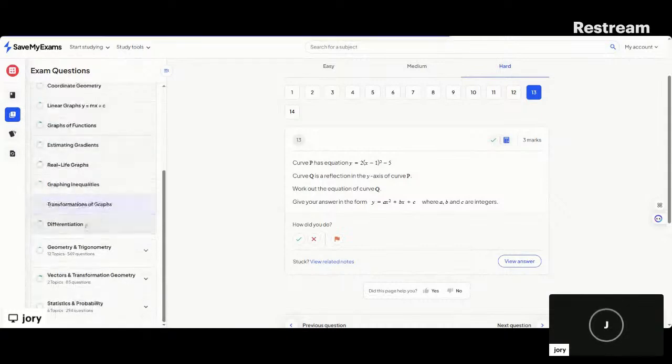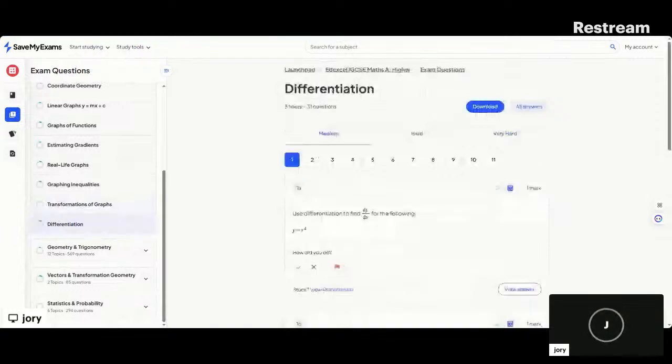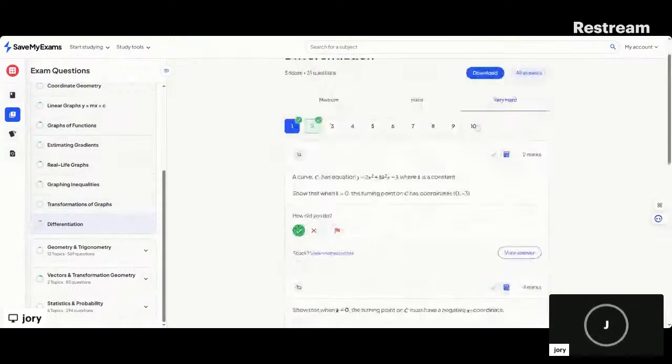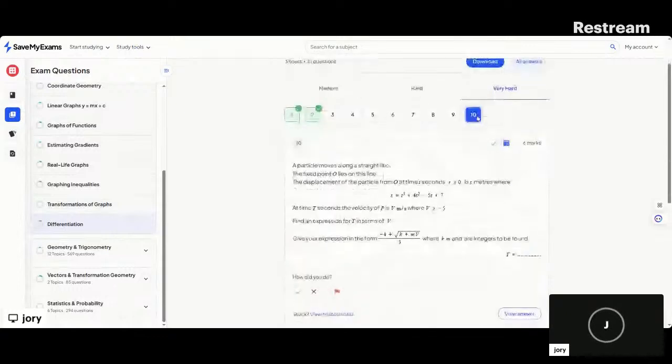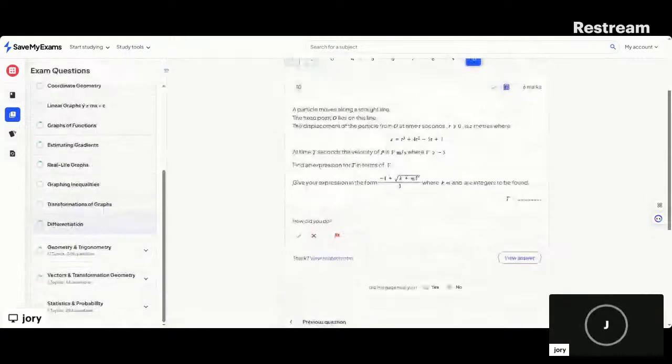Let's go differentiation real quick. Very hard. Okay, a particle. Oh, damn. I don't know how to do these particle ones. A particle moves along a straight line. The fixed position O lies on this line.